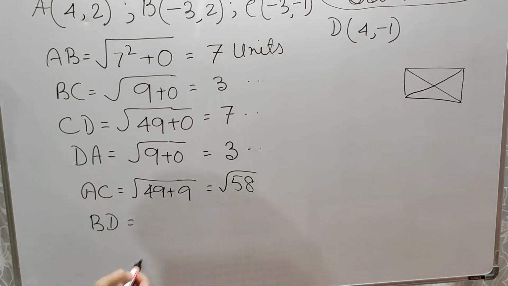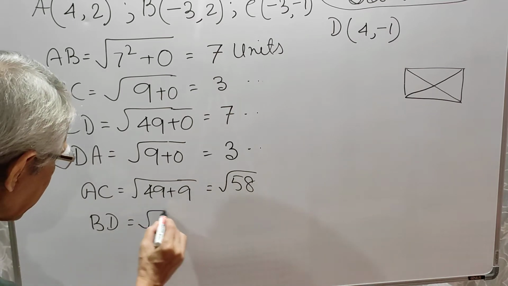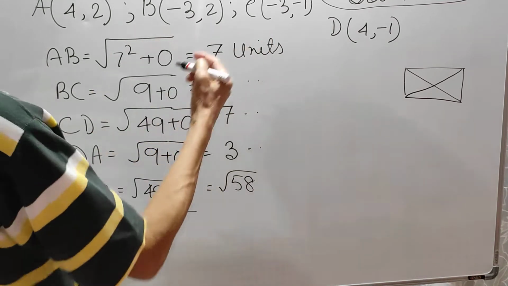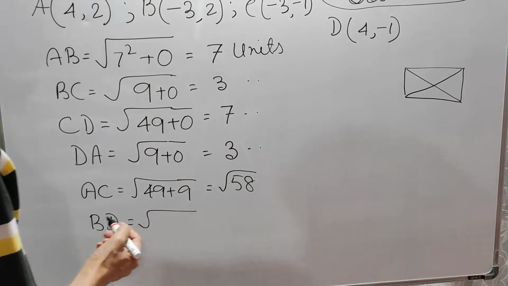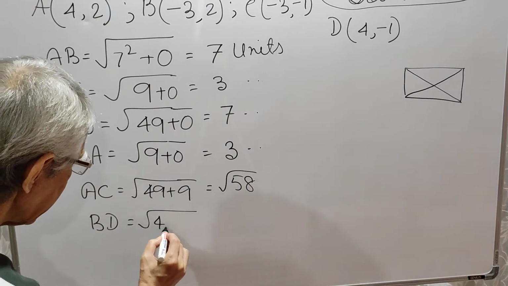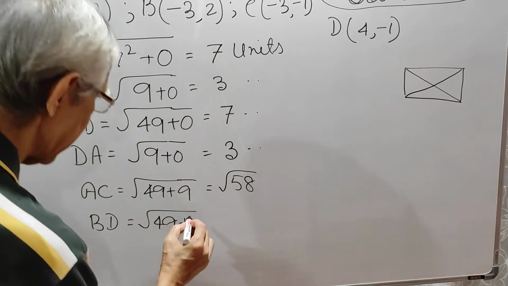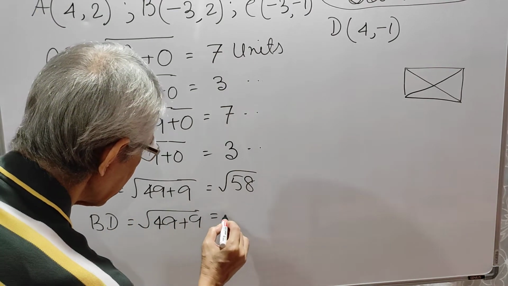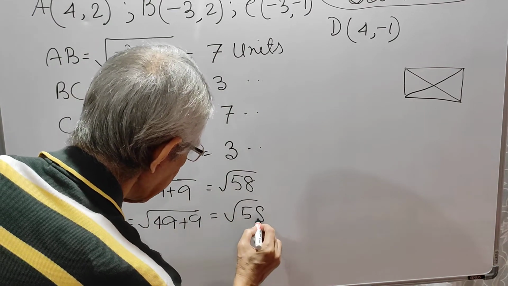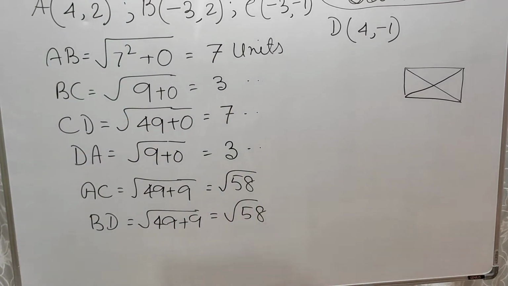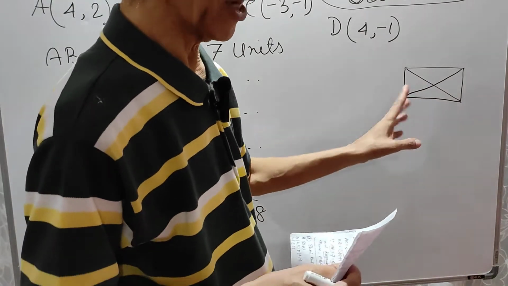BD will be 7 squared, 49, plus 9, that means the square root of 58. So all 6, 4 sides and 2 diagonals, we have found out.